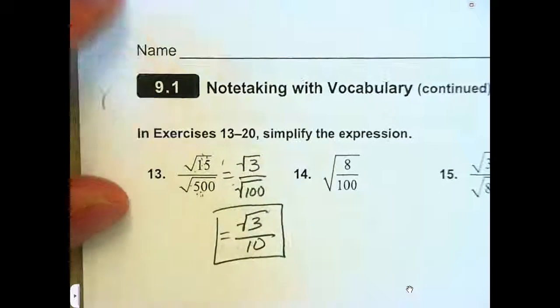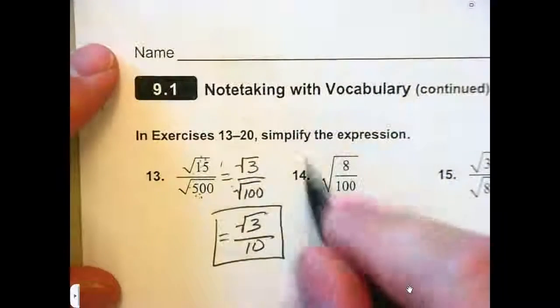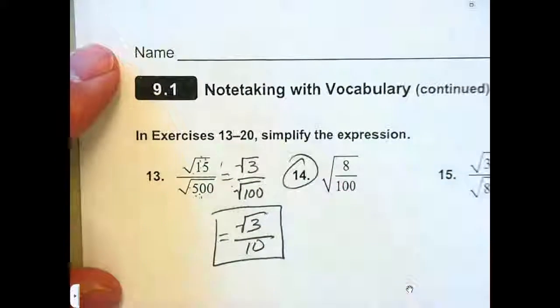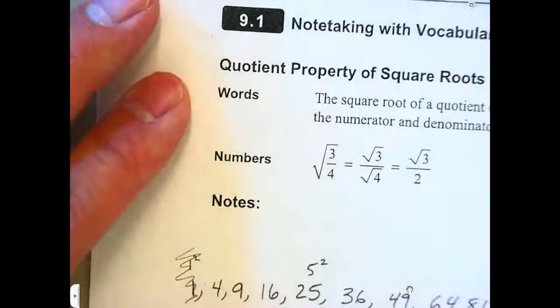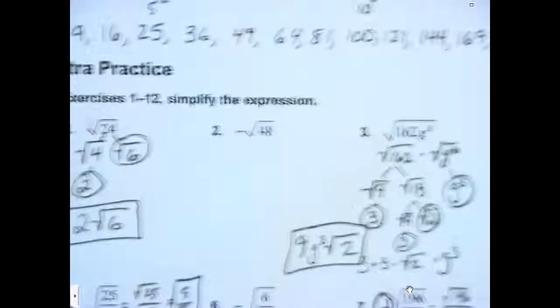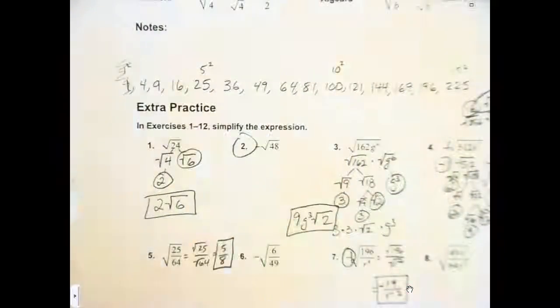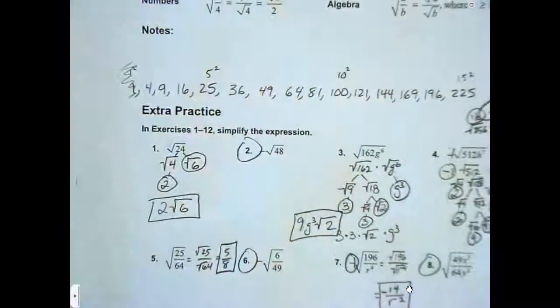For your assignment tonight, I want you to do number 14, 15, and finish the front page with the exception of 9 through 12. The ones we haven't done on the front were 2, 6, and 8.